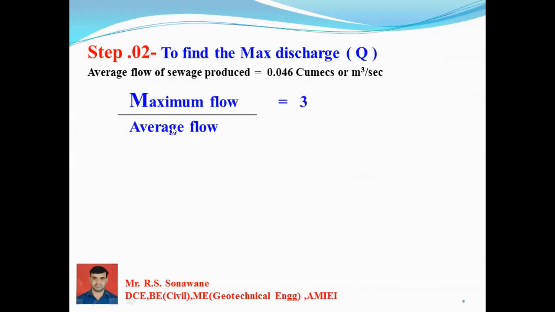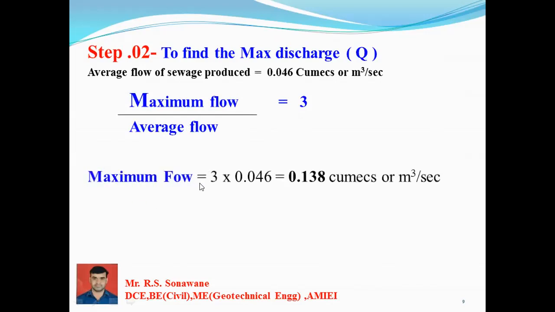Here it is given that maximum flow divided by average flow is equal to 3. Therefore maximum flow is equal to 3 into 0.046, that is equal to 0.138 cumec or meter cube per second. Is that clear?